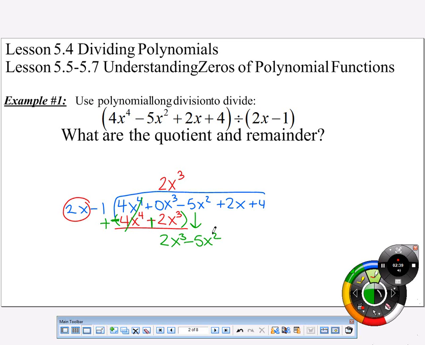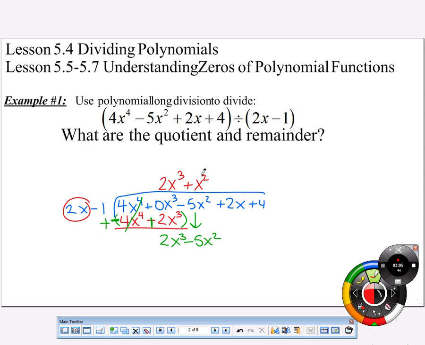Okay. All right, so what do I ask myself now? How many times does 2x go into 2x cubed? Or in other words, what number do I want to multiply by 2x so that I get a matching 2x cubed right here in this spot? An x squared, okay? But now remember that x squared has to multiply this whole thing.